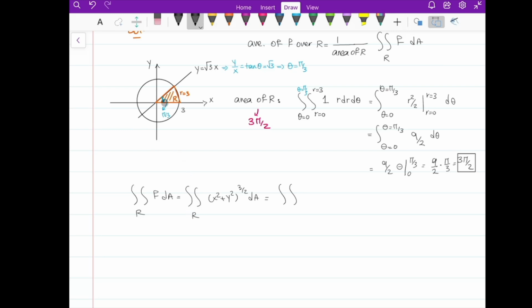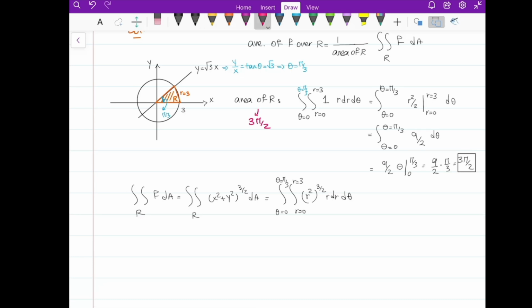That's why it's easier to do it in polar. So I get r squared to the power of 3 over 2. For dA, I'm going to do r dr d theta, and the bounds for r would be the same, r from 0 to 3, and theta from 0 to pi over 3.